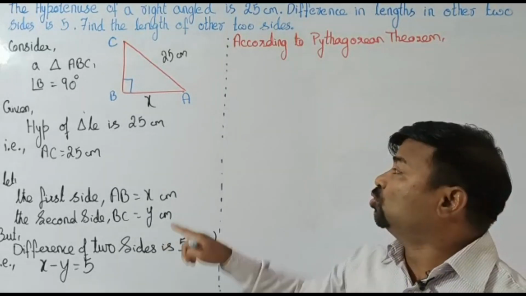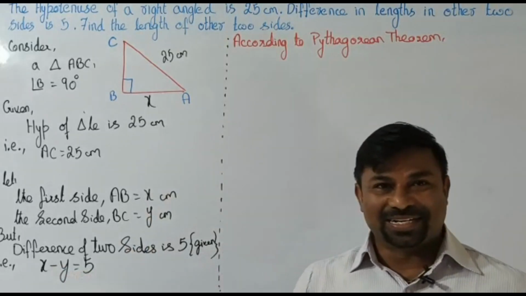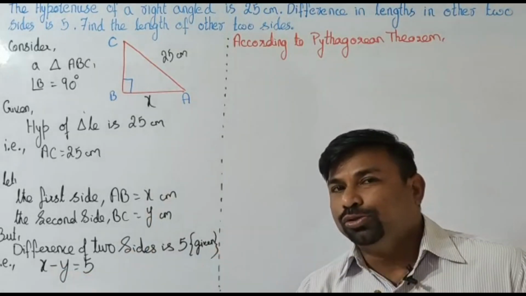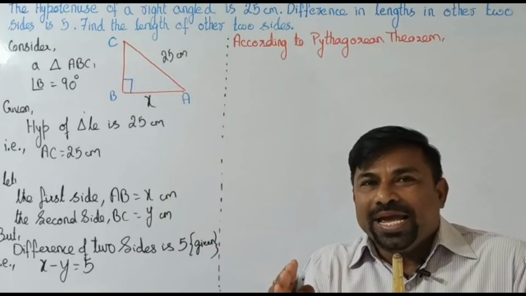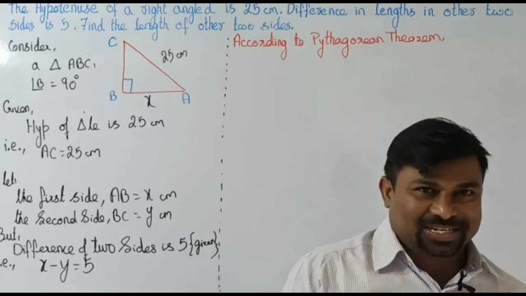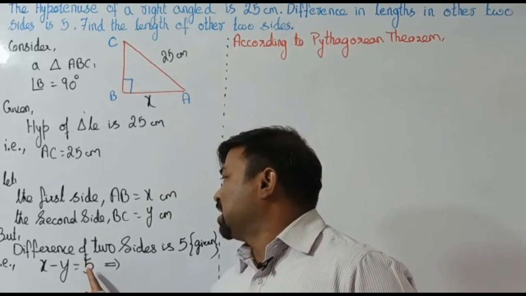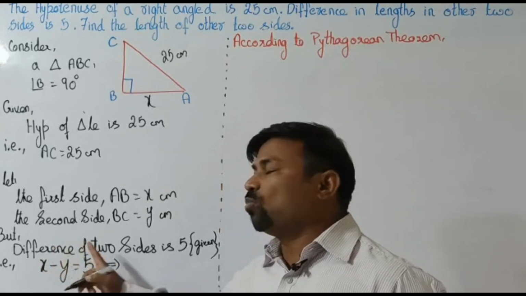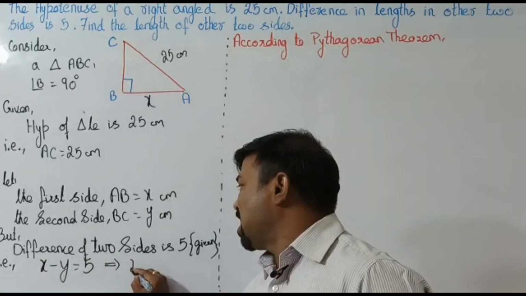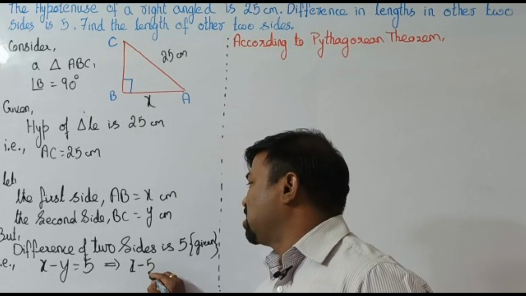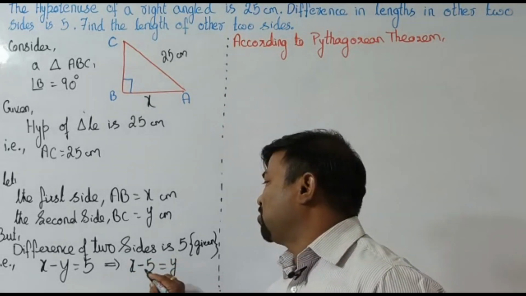But just now I said we don't want y here. We want to write y in terms of x. So let's isolate y here. Can I transfer 5 to the other side and y to this side? Yes, x minus 5 equals y.